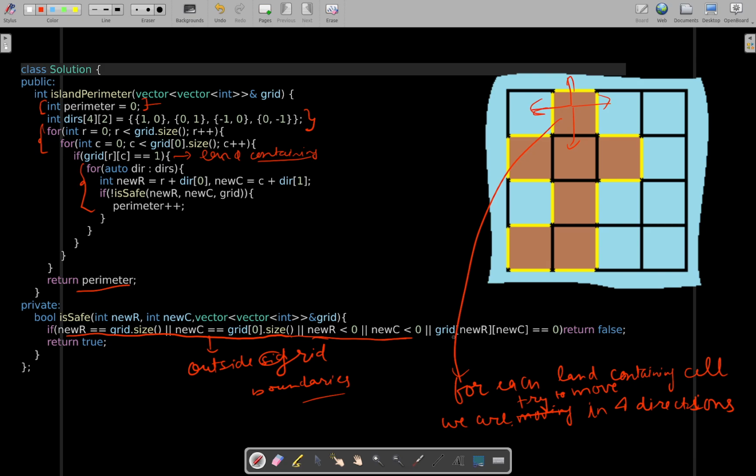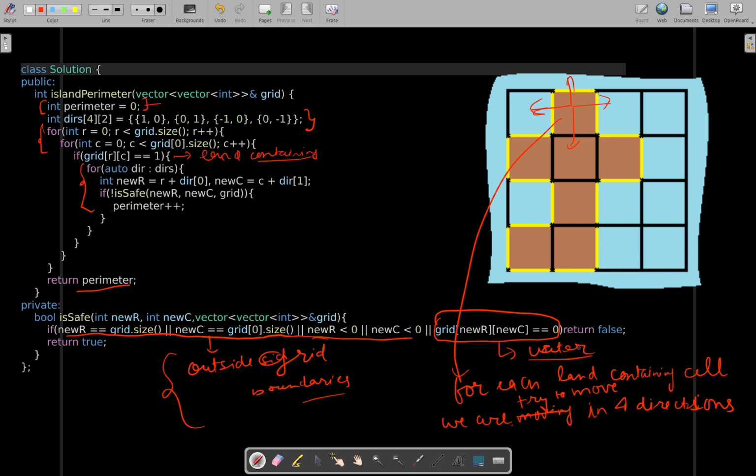And that is the check where we are saying that this one is containing water, the very adjacent cell. So these were the two conditions that we were checking for: either we are moving outside the grid boundaries, or the adjacent cell is containing water.